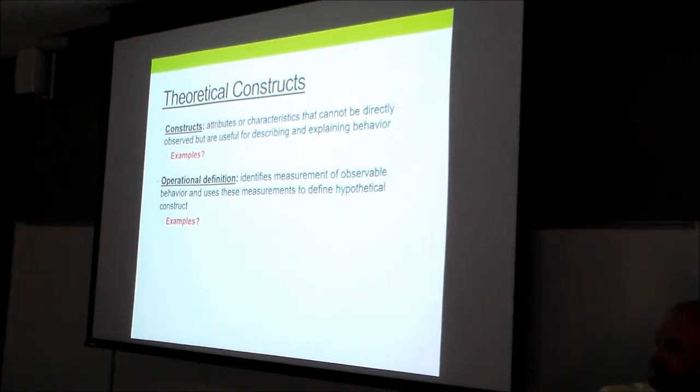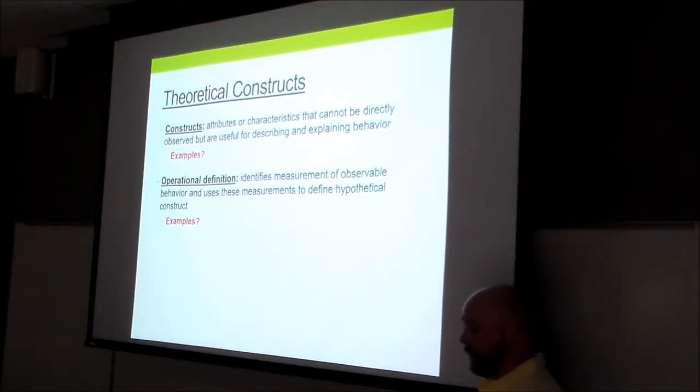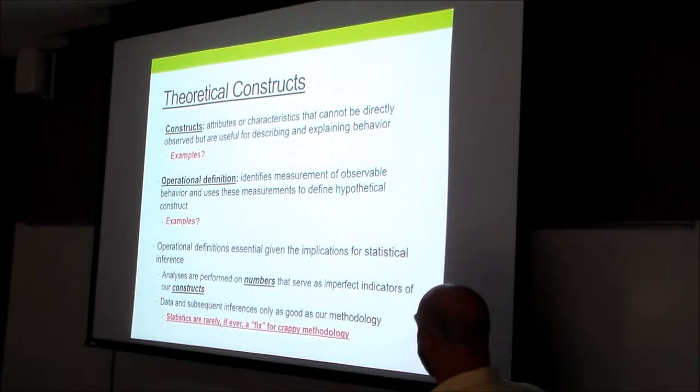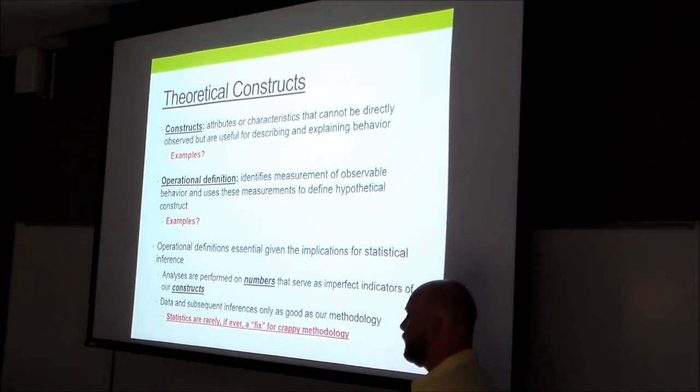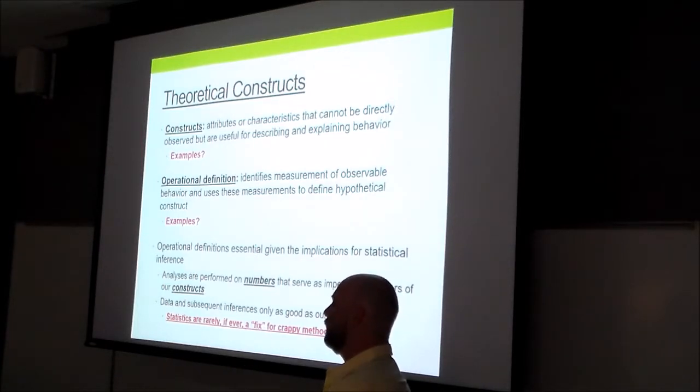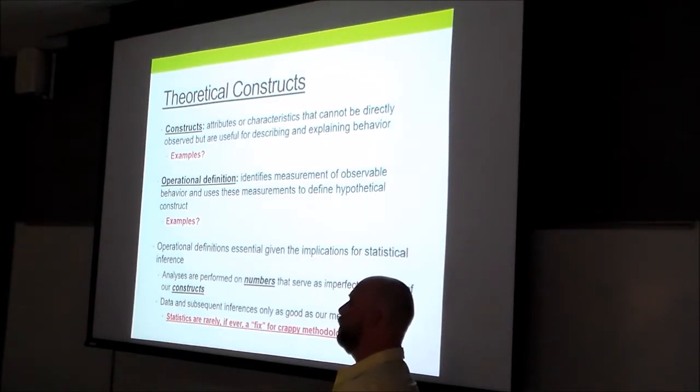So as an example, in terms of operational definition, these are essential for our statistical inferences, right? If you say, here are my scores from a PTSD checklist that I collected from 98% of my undergraduates who endorsed a significant trauma, I don't know.